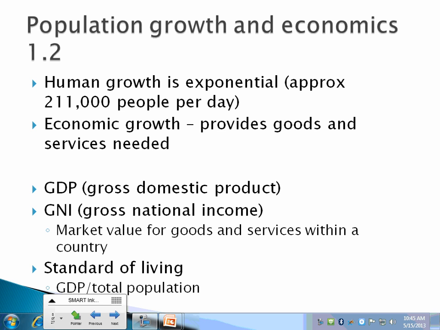Again, as a rule of thumb, developed countries have very good GDP and very good ultimate standard of living. In the United States, we have a very, very high standard of living. In European nations, a lot. If you look more at developing countries such as Africa, of course, most of the African nations, except South Africa, have very low standard of living because they just don't have the products and resources available.